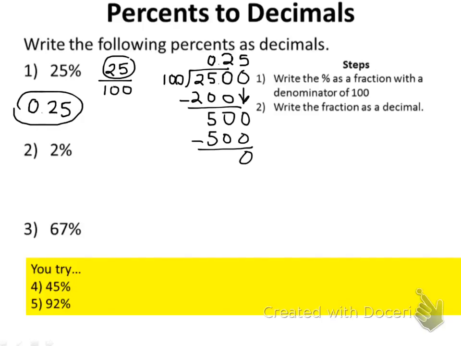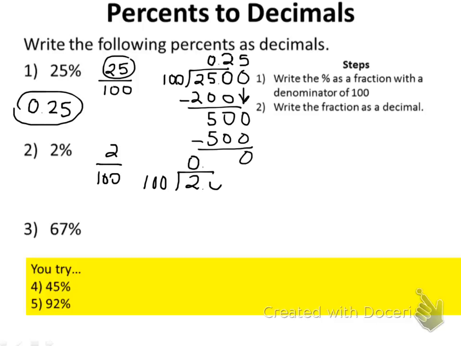That's interesting. It's interesting because we see we have the same number, so 25% is 25 hundredths. Let's see if it happens again. So I'm going to write 2% as 2 out of 100. And then to convert my fraction to a decimal, I divide my numerator by my denominator. So I take 2 and I divide it by 100. Now 100 can't go into 2, so I add a decimal. And I'll add a decimal to my top right now, my 0.